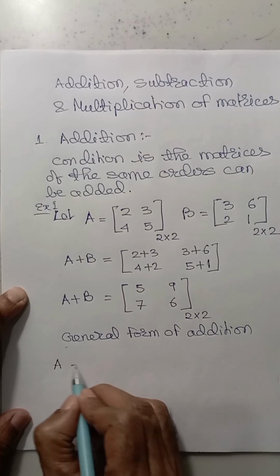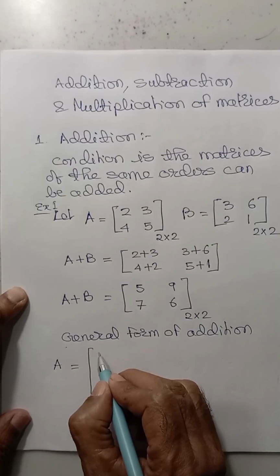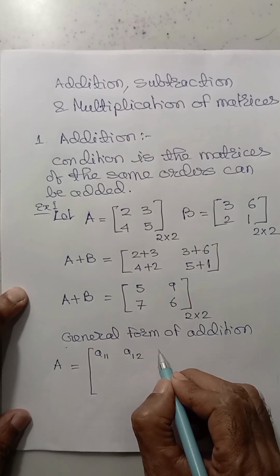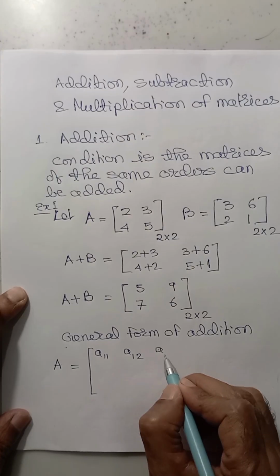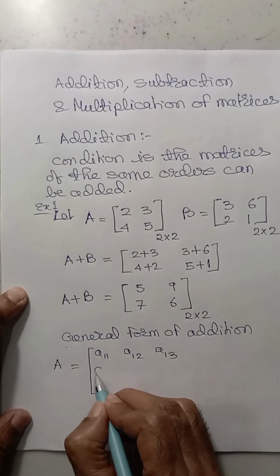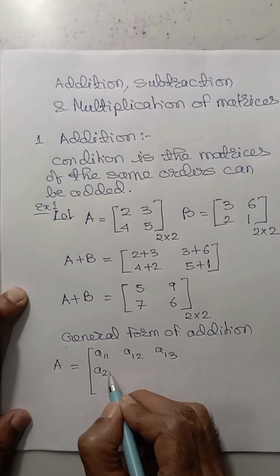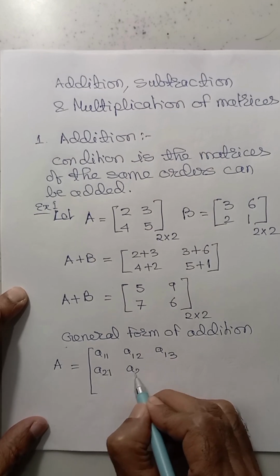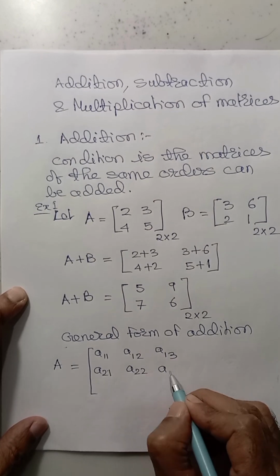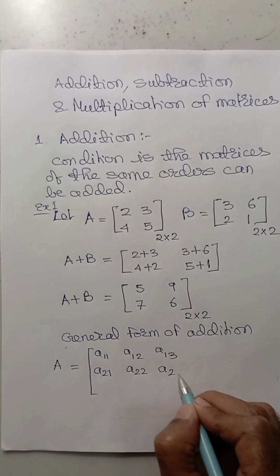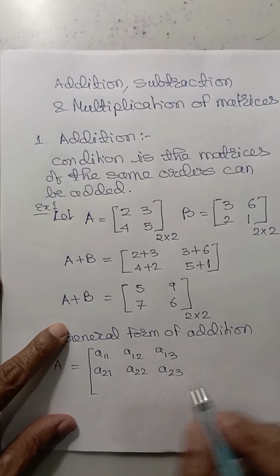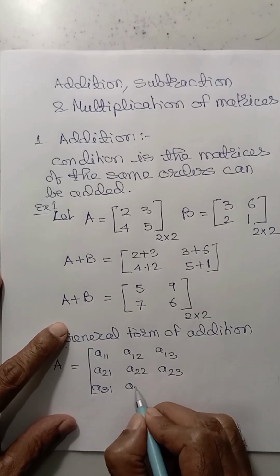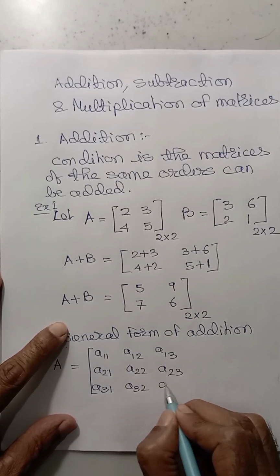Suppose A is equal to A11, A12, A13, A21, A22, A23, A31, A32, A33.